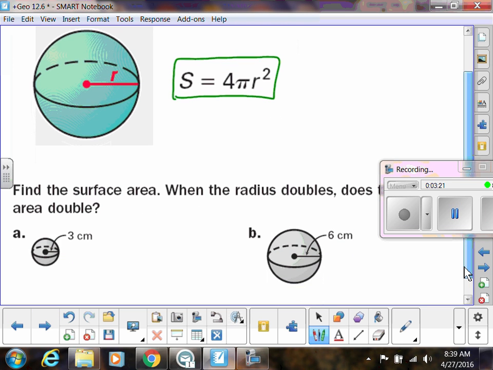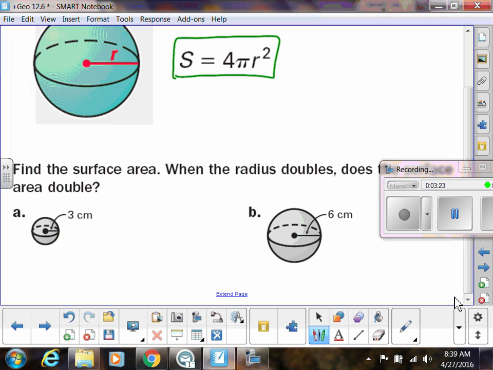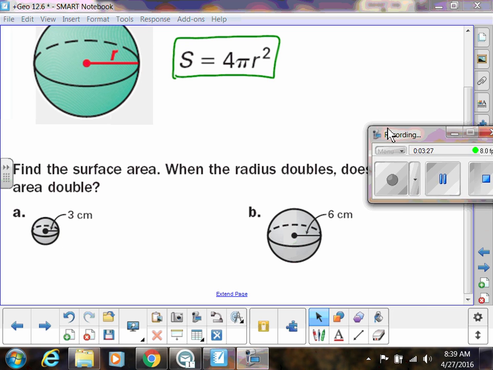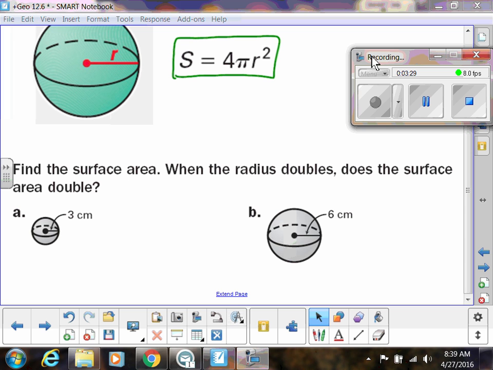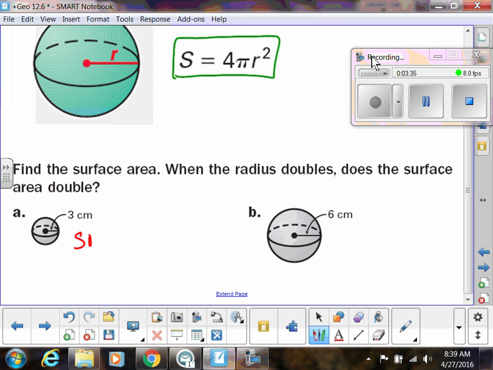All right, and so we're going to do the surface area of these 2 spheres, and notice what is going to happen. So my question is when the radius doubles, does the surface area double? So let's figure that out. Here our surface area is going to be 4 pi times 3 squared. So this is going to be 9 times 4, which is 36 pi.